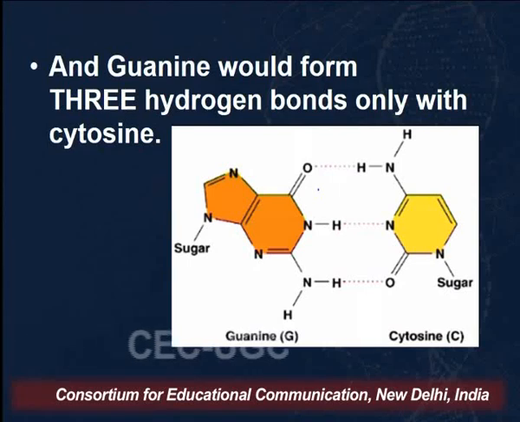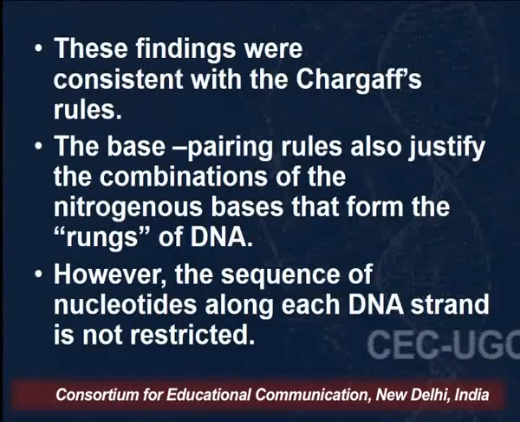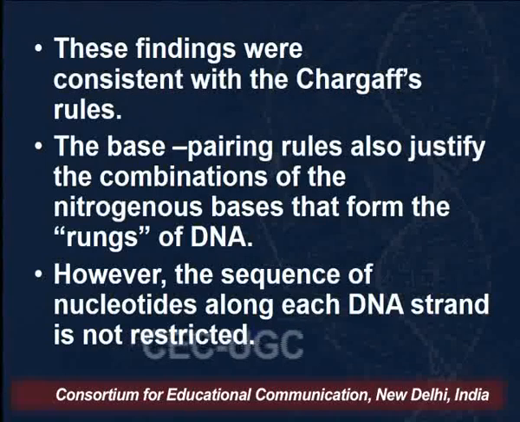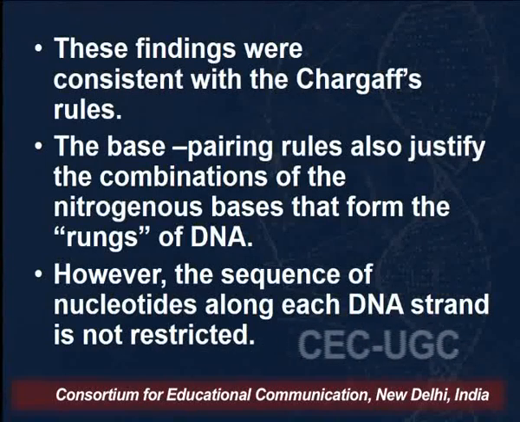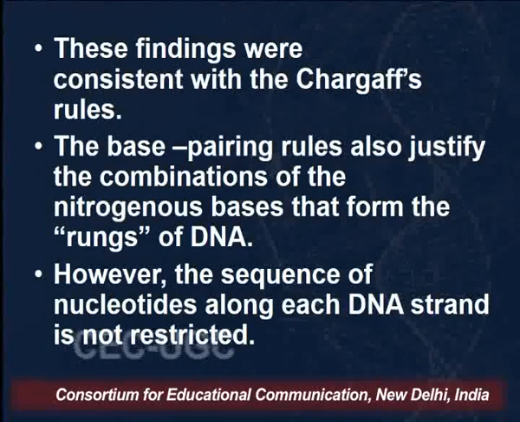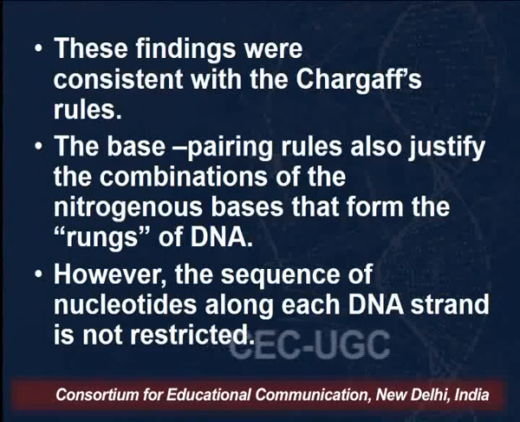And guanine would form 3 hydrogen bonds only with cytosine. Therefore, the linkage has to be between guanine and cytosine. These findings were consistent with Chargaff's rules. That is, the base pairing rules also justify the combinations of nitrogenous bases that form the rungs of DNA.